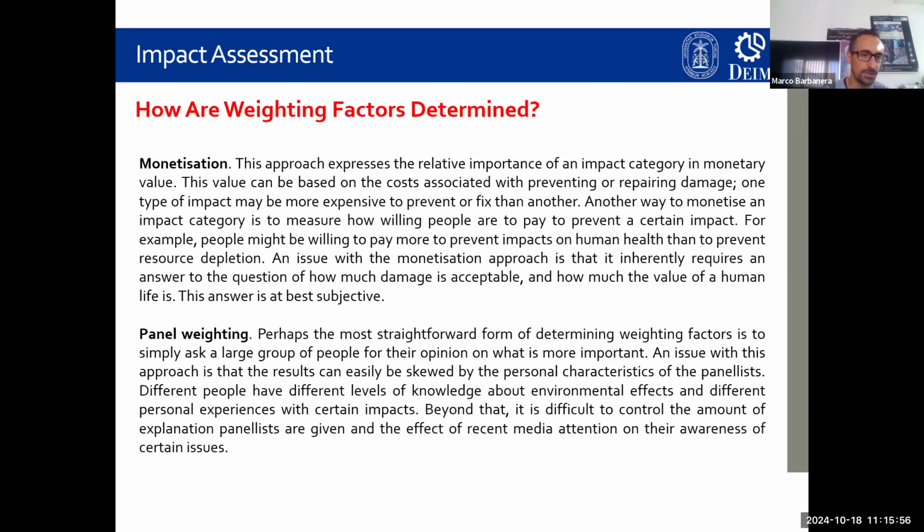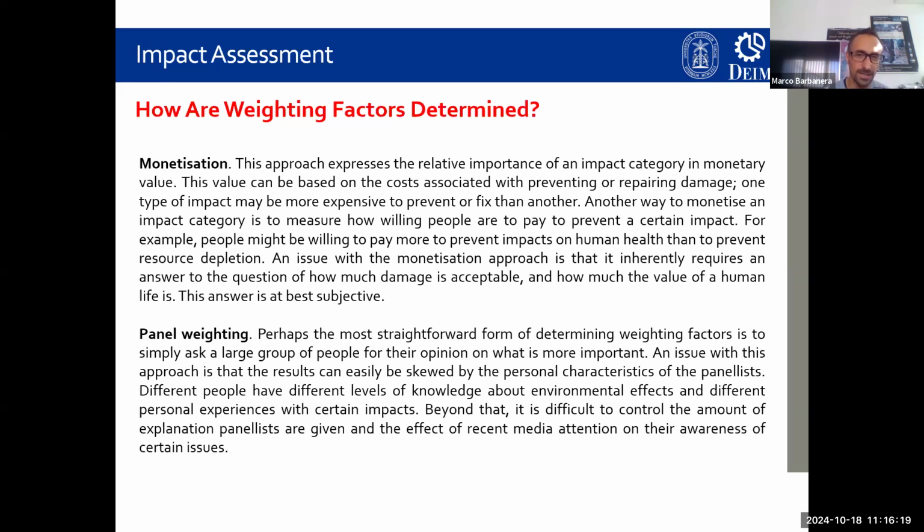About the monetization criteria, it is another interesting option, but also in this case, we can have several difficulties to apply this method.